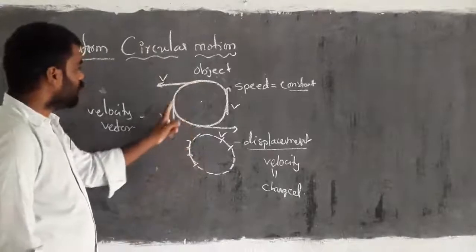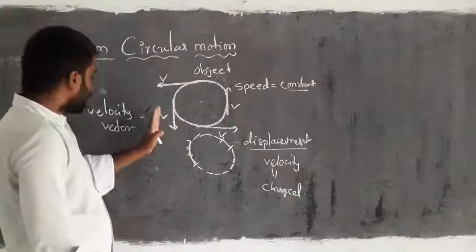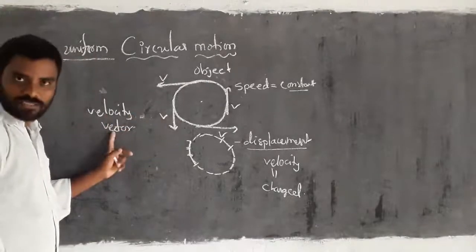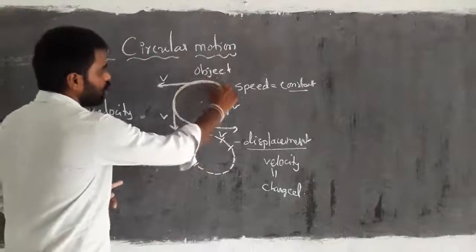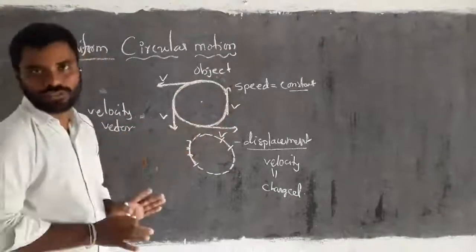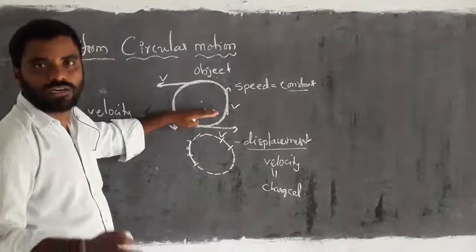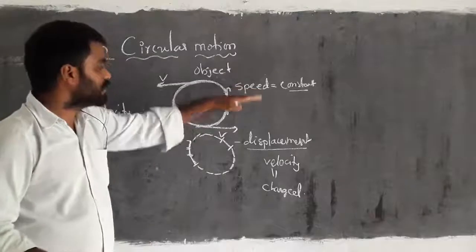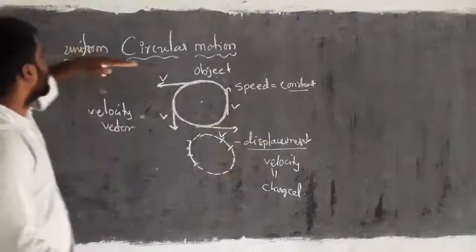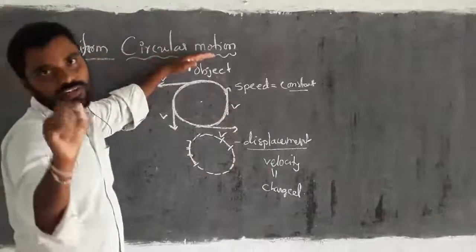So these lines or arrow marks we call tangents. So the tangents we call velocity vectors for the object which is in uniform circular motion, right? So have you got clarity about this condition, especially these speed terms and velocity terms in the condition of uniform circular motion? It is very, very important.